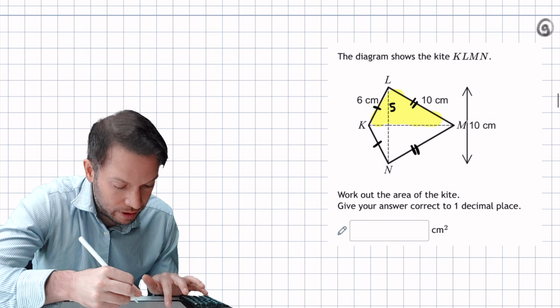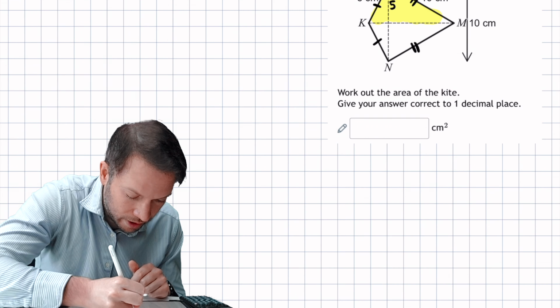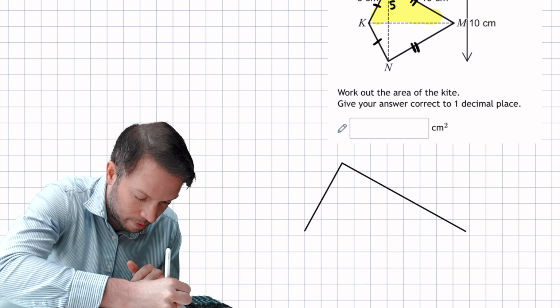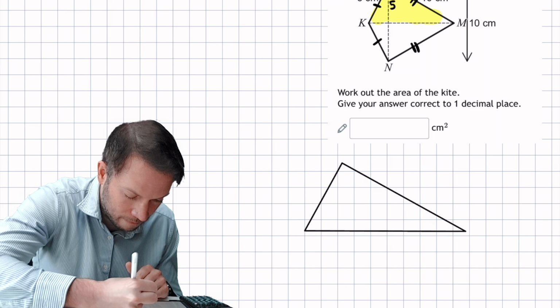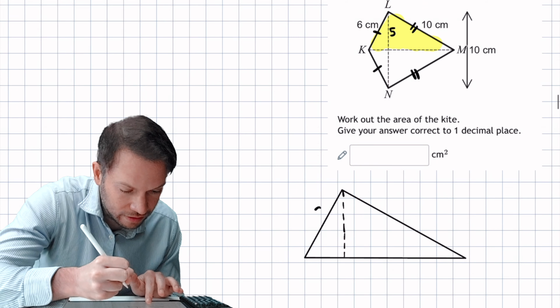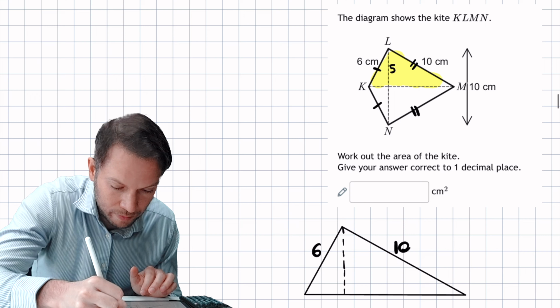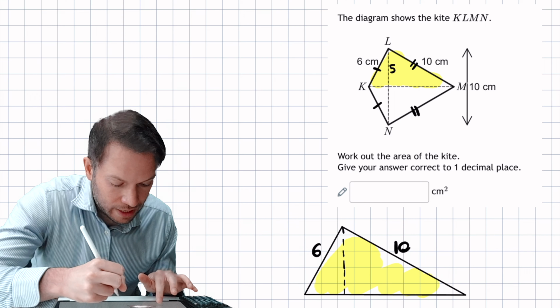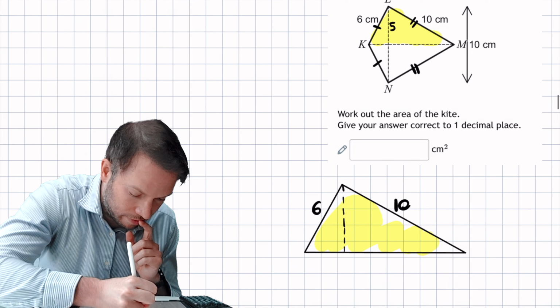So let's just draw this out big and then hope that we can find some lengths here using Pythagoras' theorem. There we go. So we've got this dotted line at the top. And we know this is 6, and we've got the 10 here. This is the yellow triangle I'm doing. And we've got that this is 5.